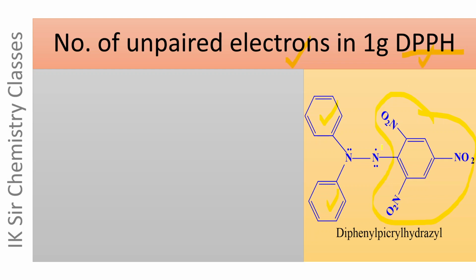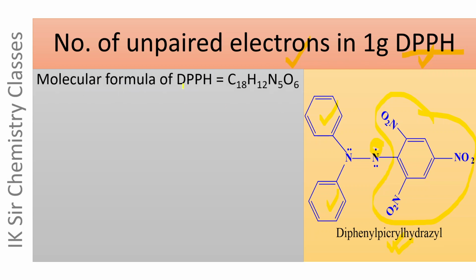It contains one unpaired electron and it occurs completely in the form of free radical. Let us calculate the number of unpaired electrons in 1 gram of DPPH.